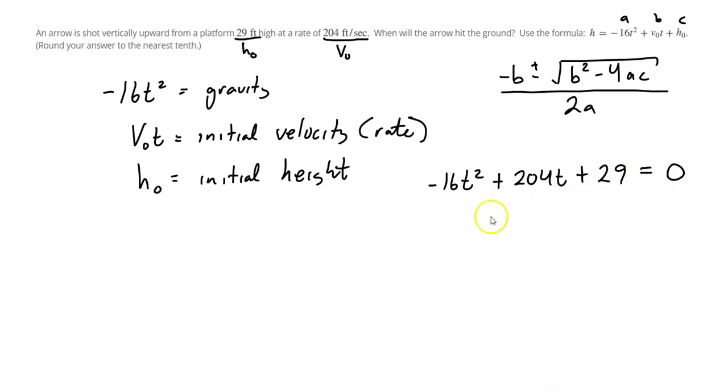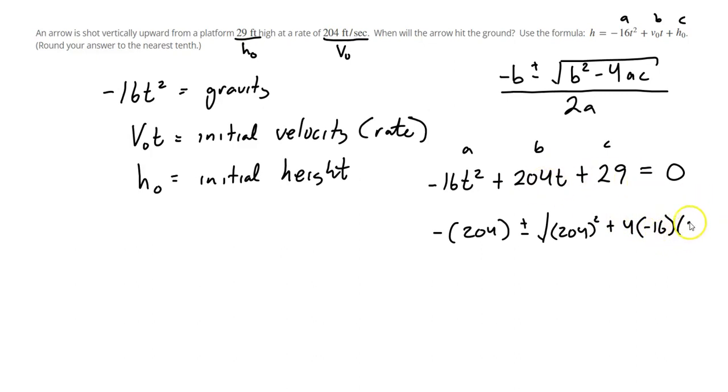Alright, well, let's plug everything into the quadratic. We've got our a, we've got our b, we've got our c. So I have negative 204 plus or minus the square root of 204 squared plus 4. Well, my a is going to be the negative 16.